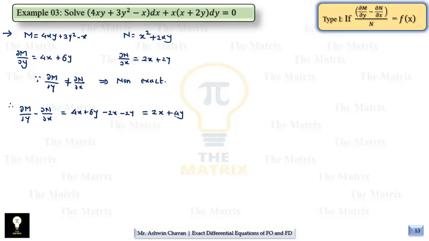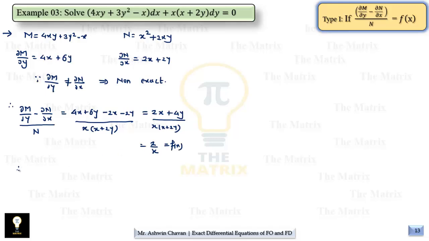From N, if we take x outside, we get x plus 2y. From the numerator, if we take 2 outside, we get x plus 2y, so that can be cancelled. So yes, we divide throughout by the N quantity, because there is no use if we divide by M. So divide this throughout by x into (x plus 2y), that is N. The remaining part is only 2 upon x, a function of x purely.